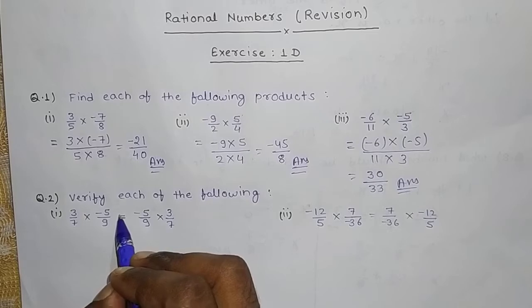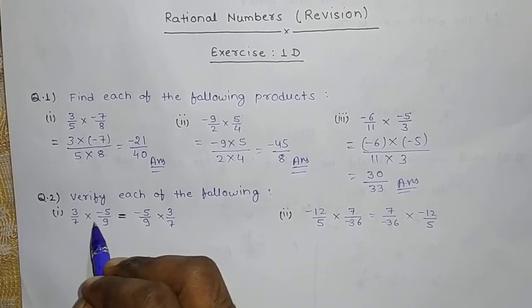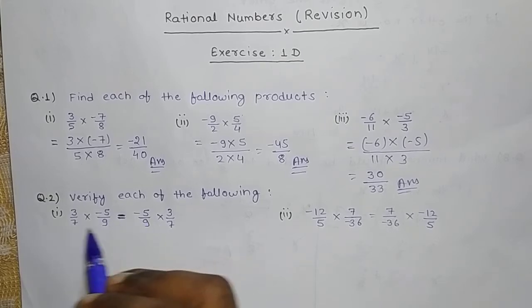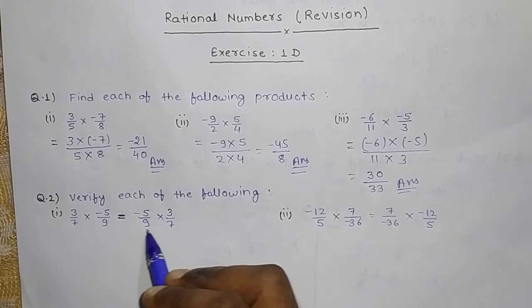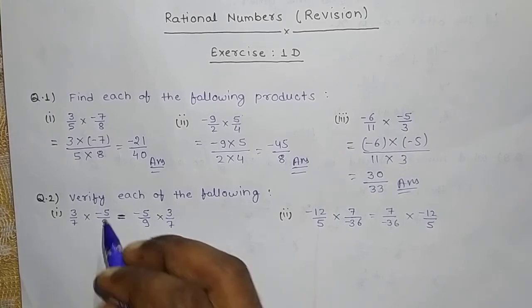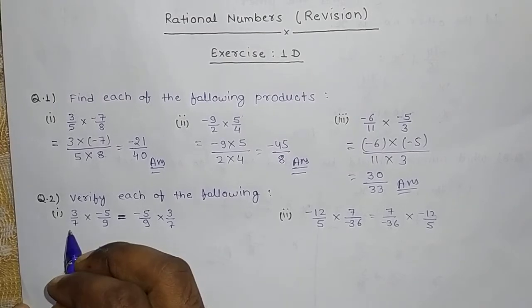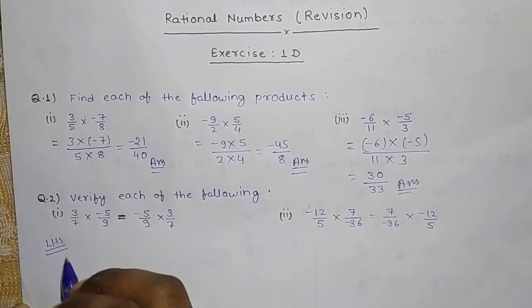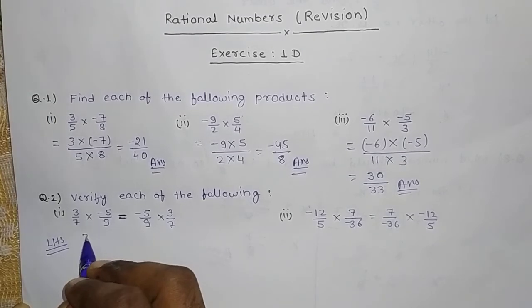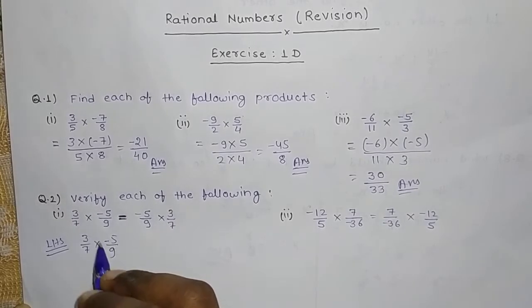Now here the equal sign is present in between the two parts, and the first part is LHS, left hand side part, and the second part is RHS, right hand side part. So here first we have to take LHS part and solve it. So 3 by 7 into minus 5 by 9. This is LHS part.